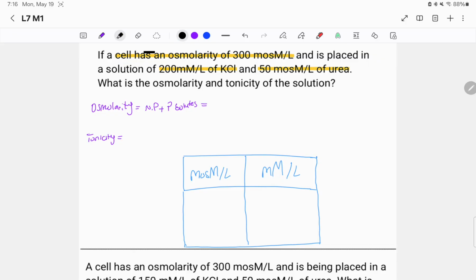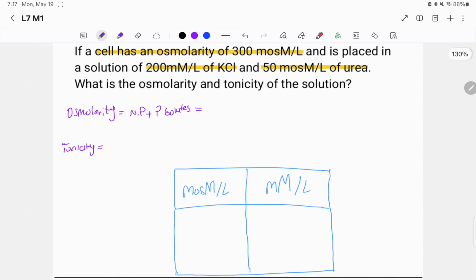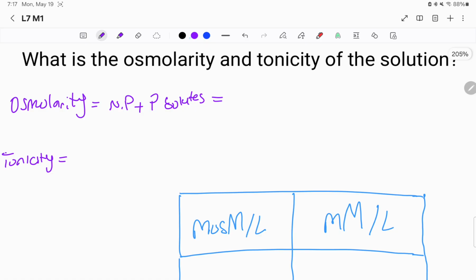So I can kind of ignore this bit of information for now. I don't really need that information right now. What I do want to know is the relative concentration of the solutes in the solution as relates to the cell. So we have 50 milliosmoles of urea, and that's our penetrating solute, because I told you urea is lipid soluble.